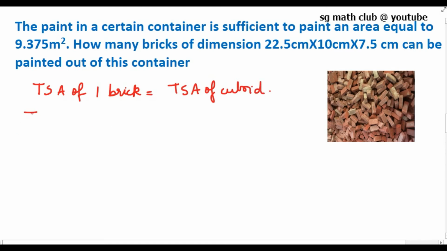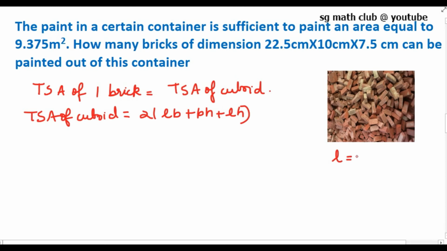Now we know TSA of cuboid is equal to 2 into (LB plus BH plus LH). So here they have given the dimensions: length as 22.5 centimeter, breadth as 10 centimeter and height as 7.5 centimeter.